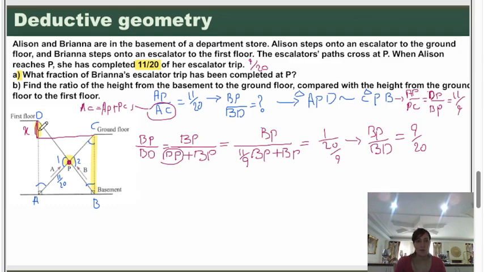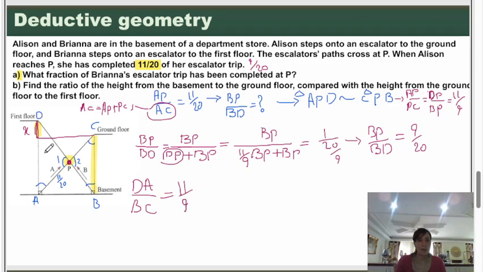So I say we found the ratio of these two triangles, that is DA over BC, has the same ratio here, 11 over 9.